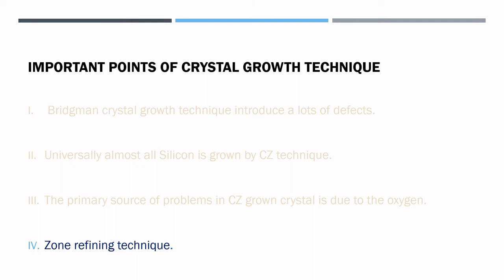Zone refining is a very expensive technique. We all know that in order to get some, you have to give some, so you pay in order to get a better quality crystal. The idea of zone refining is fairly simple. So these are the important points of crystal growth technique.